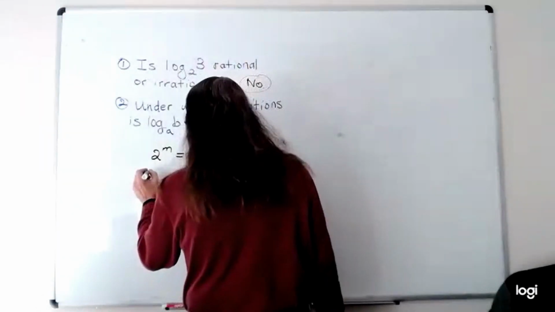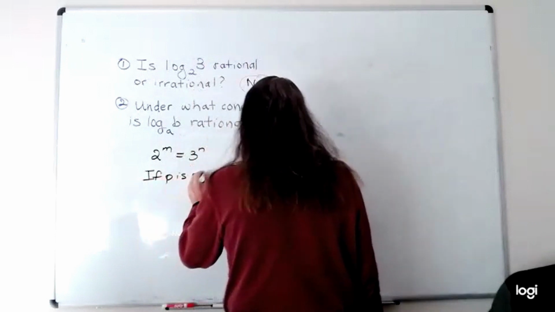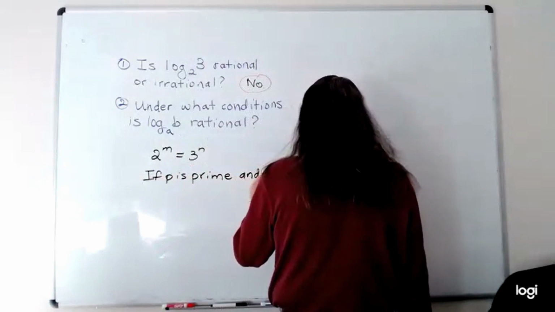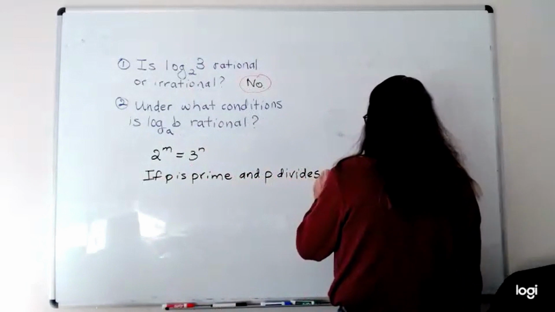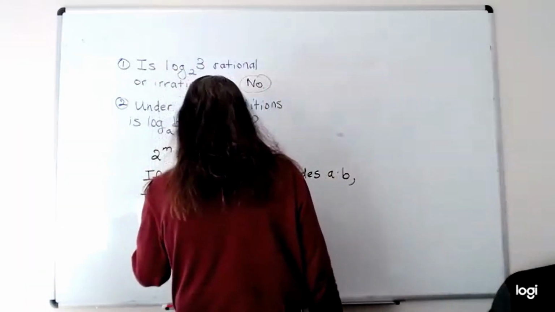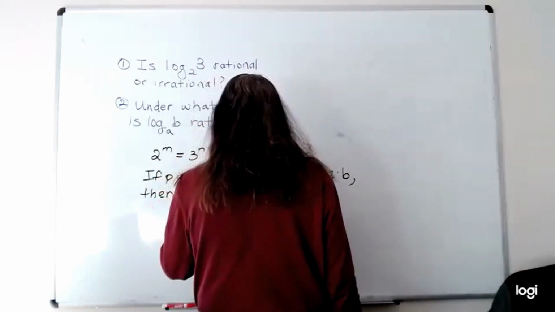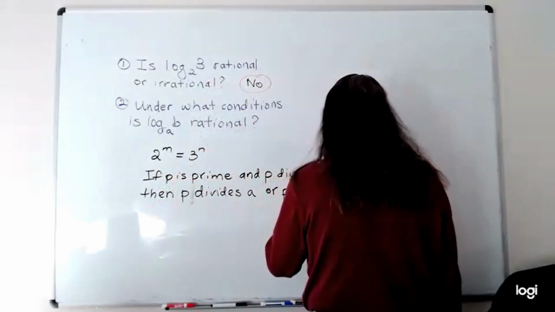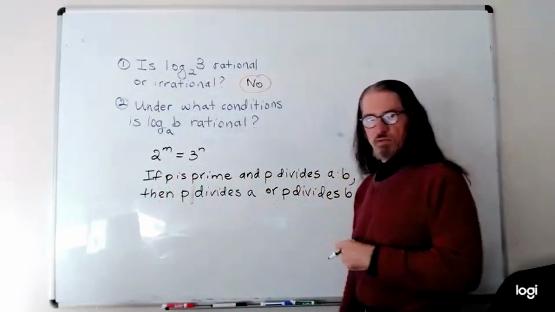Euclid's lemma states that if p is prime, and p divides a times b, then either p divides a or p divides b.